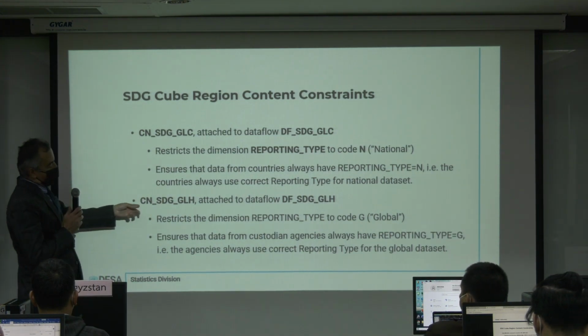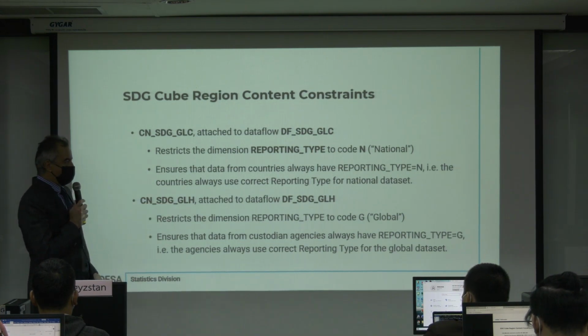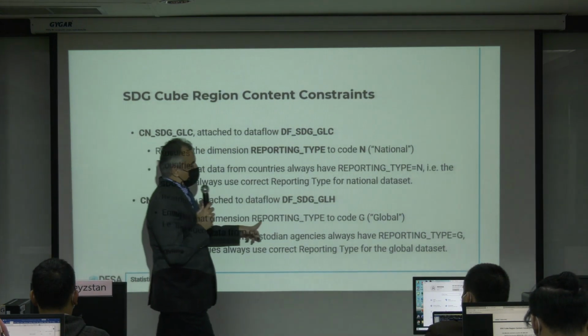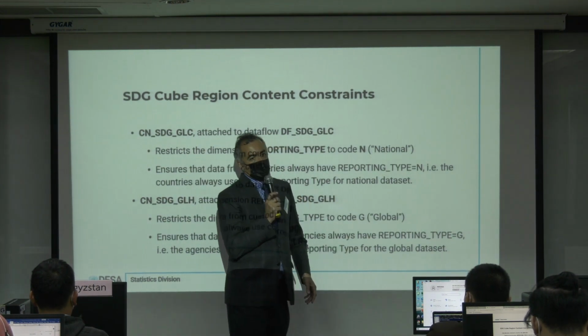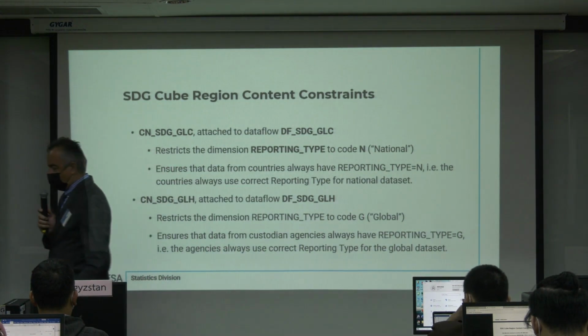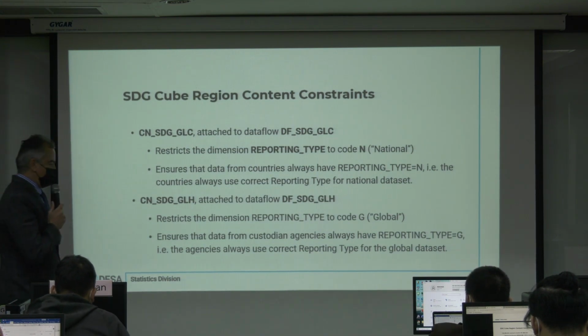And a similar constraint is attached to the data flow DF-SDG-GLH, the harmonized global data flow. It ensures that on the harmonized global data flow, the reporting type is always G, global. So when the custodian agencies report their data, they must set reporting type G.